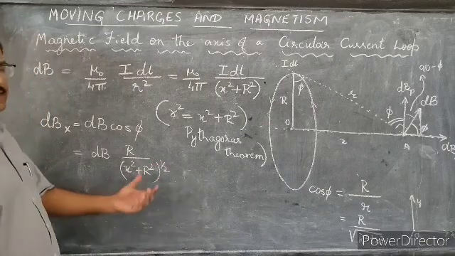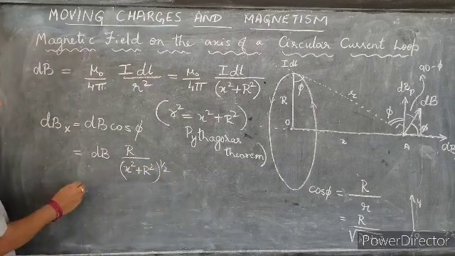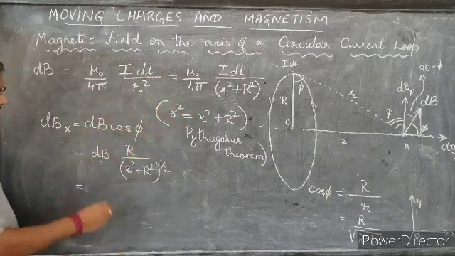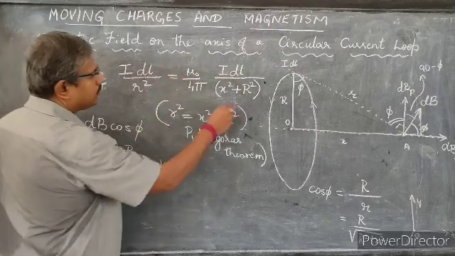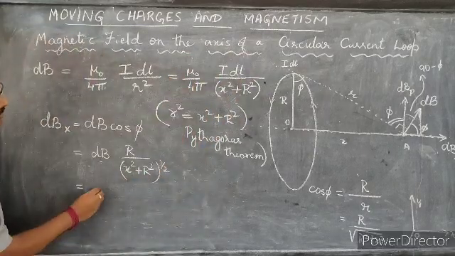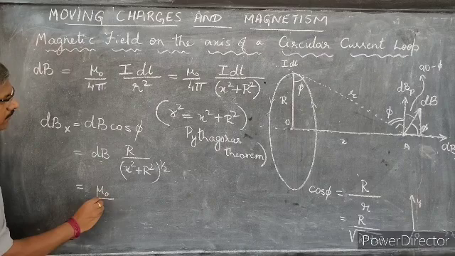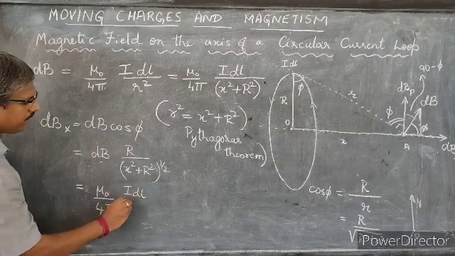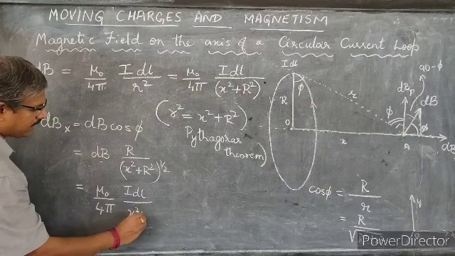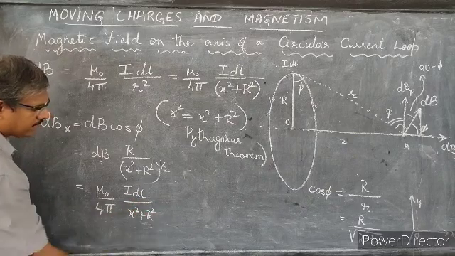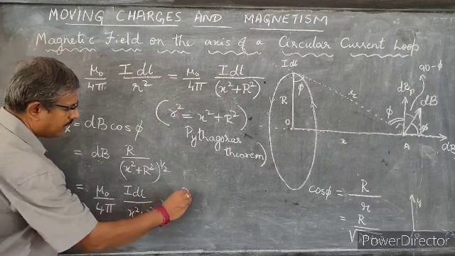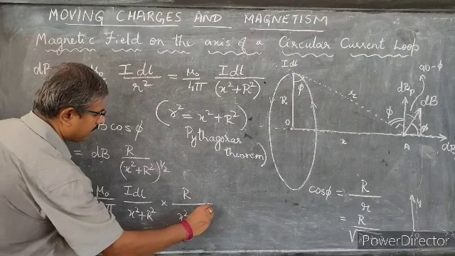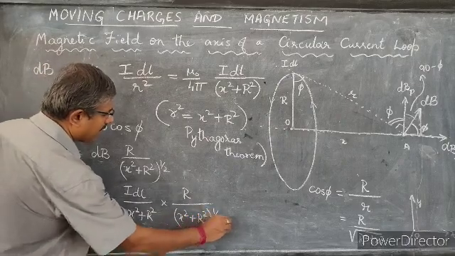So I represent the square root as a power. Now what is dB? So dB I get from my resolution over here. So I put this value over here. So I get mu naught by 4 pi into I dl by x square plus r square into r divided by (x square plus r square) whole to the power of half.